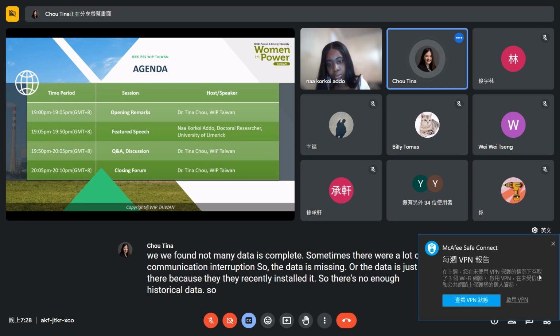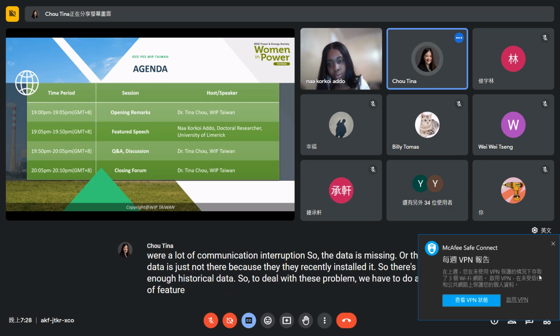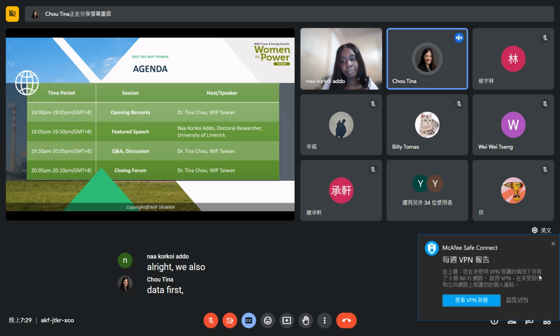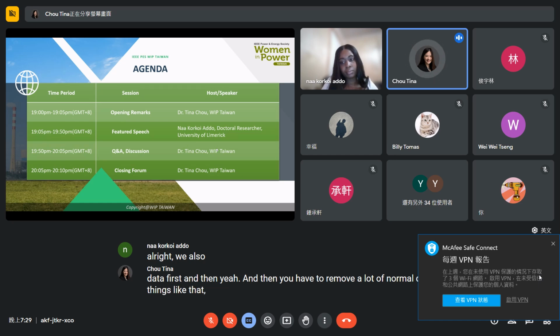To deal with this problem, we have to do a lot of feature engineering. For example, you can pre-process the data, you can also impute the data first, and then you have to remove a lot of abnormal data, things like that. I believe you also have a lot of experience in this research.